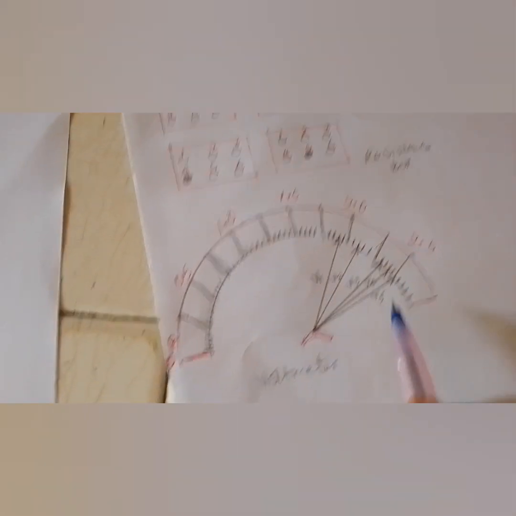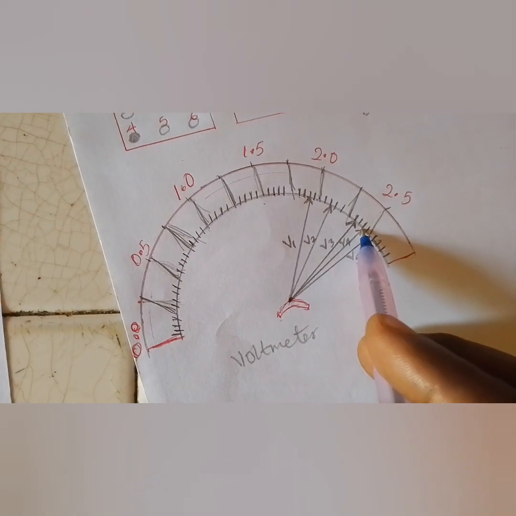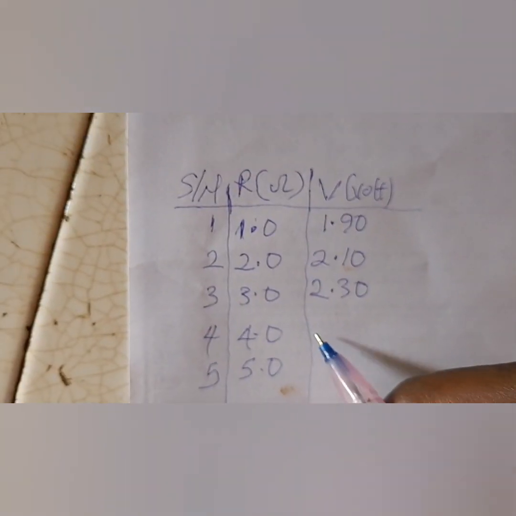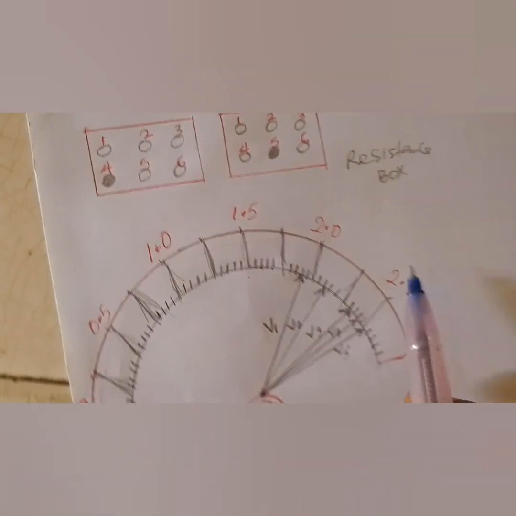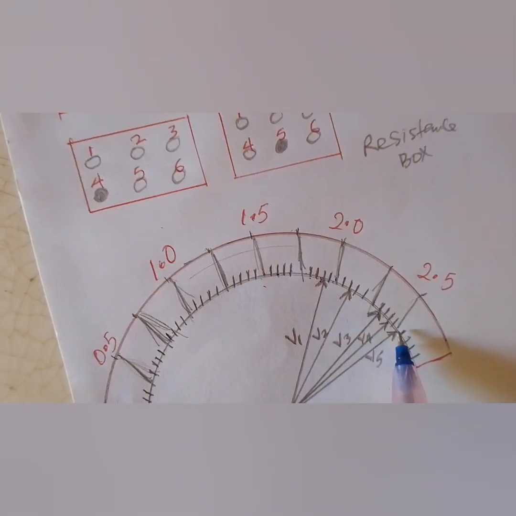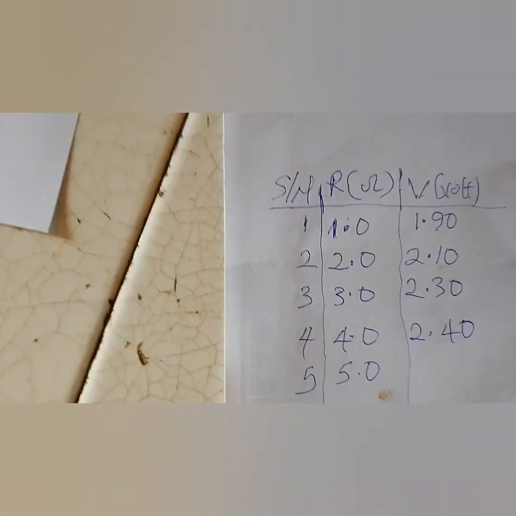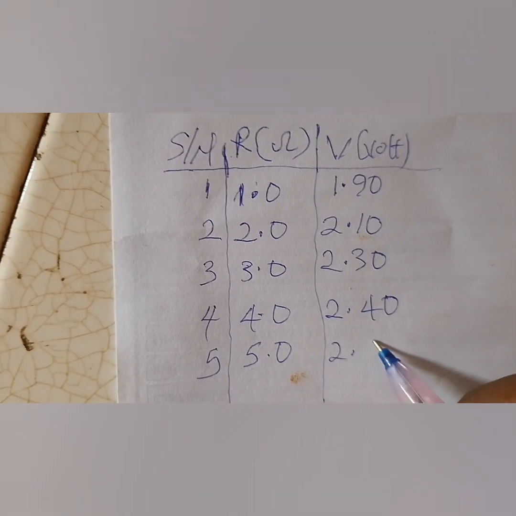The next one, this is 2.3, 2.4. Come here, record 2.40. The next one, that is exactly on 2.5. Come here, record 2.50.